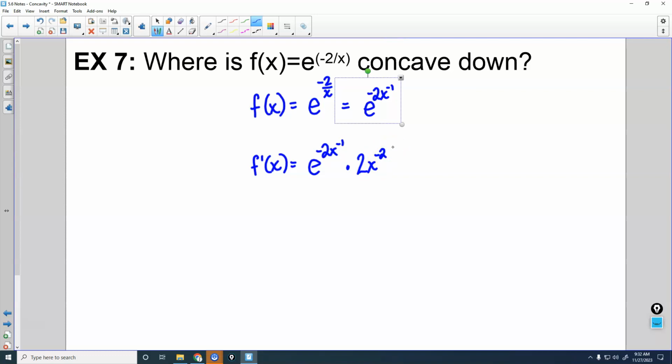You just copy it down, but then you must take the derivative of the exponent there, which is going to be positive 2x to the negative 2. Before I would move on, I would probably clean this up a little bit and make it 2e to the negative 2x to the negative 1 over x squared.